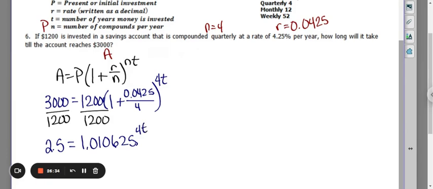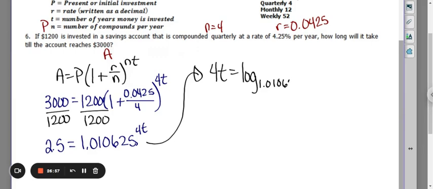All right. So now we've got everything condensed in the base. We've isolated it. Rewrite it as a logarithm. So 4t equals log base 1.010625 of 2.5.